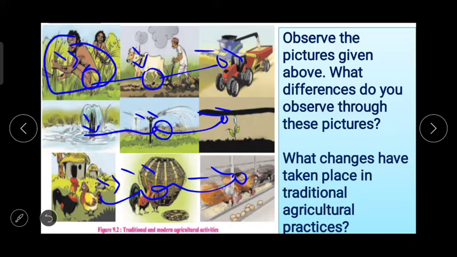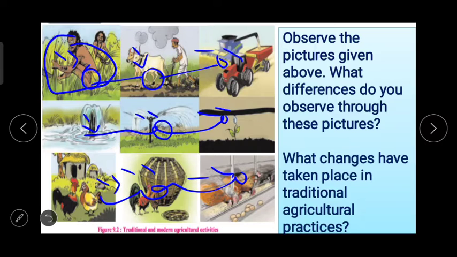Through this, he could provide for the whole year's need for food grains, and that's why he settled down at one place, क्योंकि उसे खाना ढूंढने के लिए जगह बदलने की ज़रूरत नहीं पड़ रही थी.